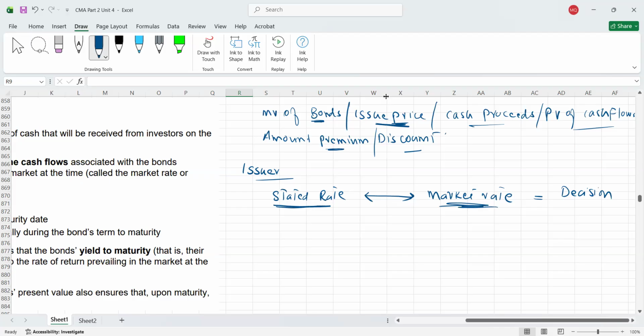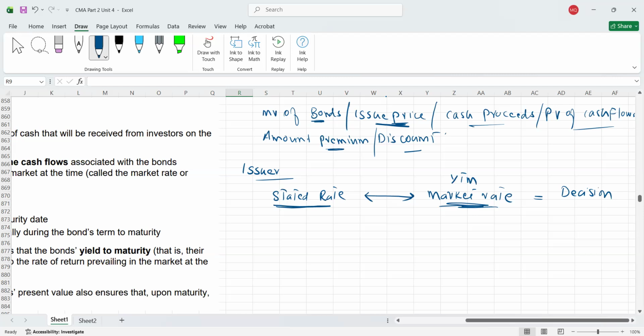Now, what is the market rate? Please remember here, market rate means whatever the required rate of return is prevailing in the market, like how much the investor is demanding, for example. That's called the market rate. Market rate could also be written as yield to maturity.